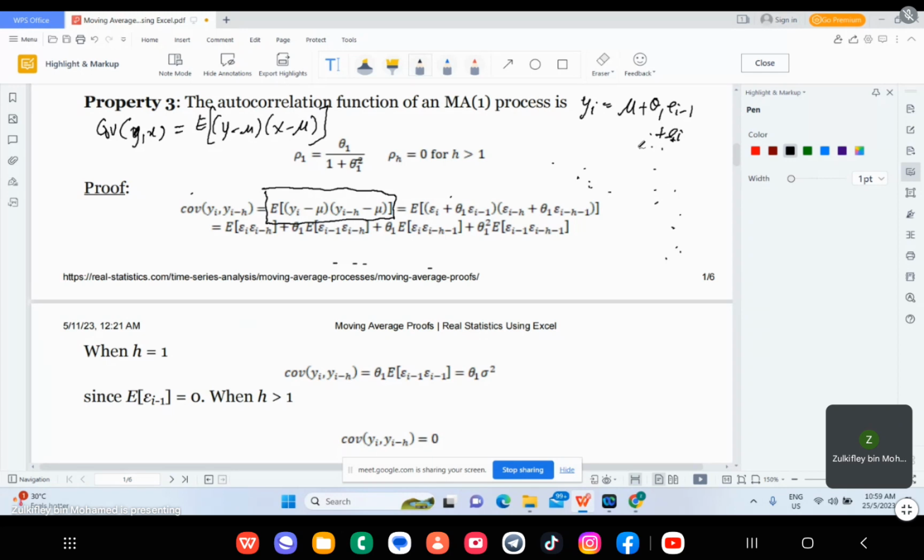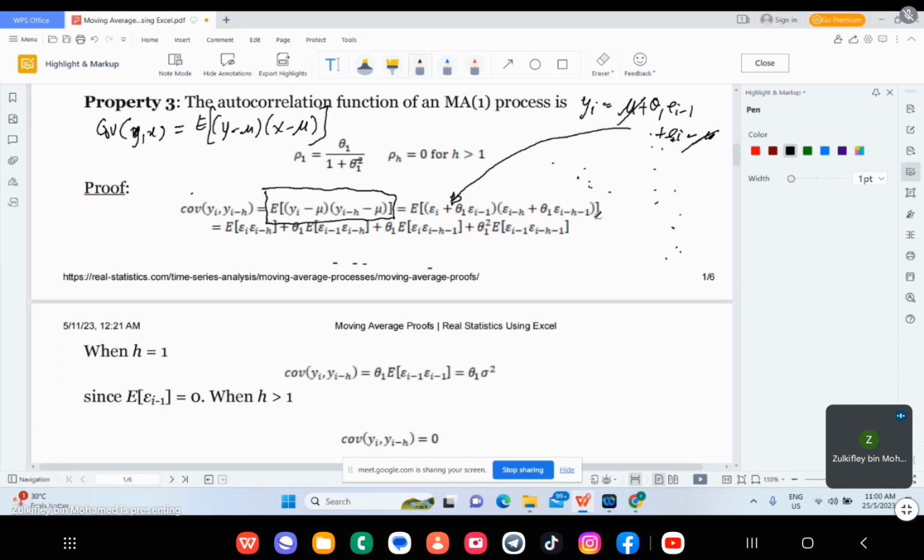This is for MA1. So instead of Yi, you just change to mu plus theta 1 epsilon i minus 1 plus epsilon i minus mu. Because we have the mu and minus mu, they cancel off. That's why the balance here is theta 1 epsilon i minus 1 and epsilon i.